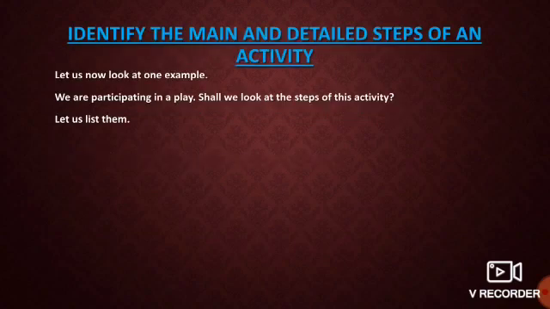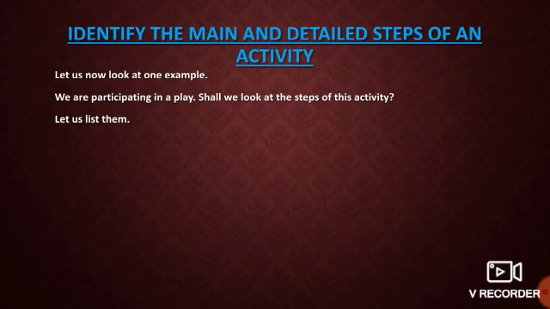In stepwise thinking, we already know we provide the step by step order to perform an activity. For example, how to make a paper cap or a paper boat. We follow some steps, and then only we will get that paper cap or paper boat.